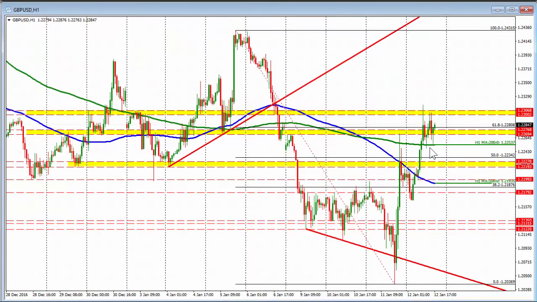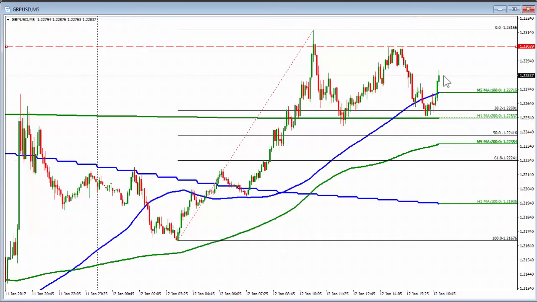We need to stay above this yellow area through here and get above this yellow area right here on the hourly chart. We have an idea of where our risk is on the downside, where our targets are on the upside, and that, my friends, is what you should do as a trader in analyzing the market from a technical perspective.